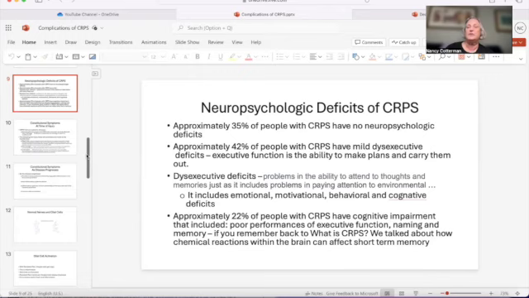Approximately 22% of people with CRPS have cognitive impairment that includes poor performance of executive function, naming, and memory. If you remember back to what is CRPS, we talked about how chemical reactions within the brain can affect short-term memory.